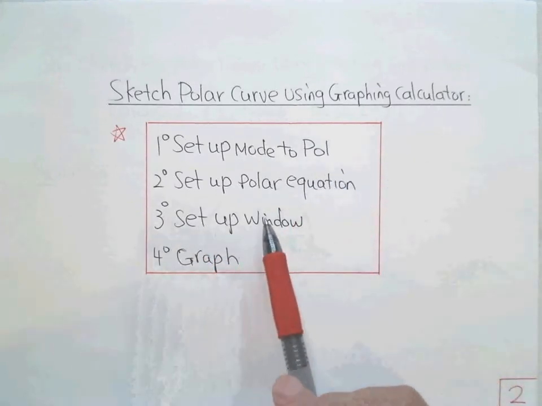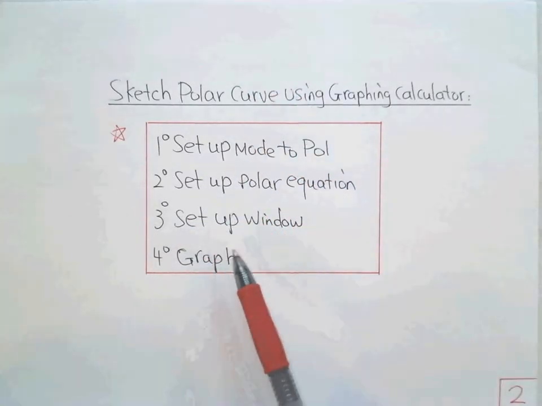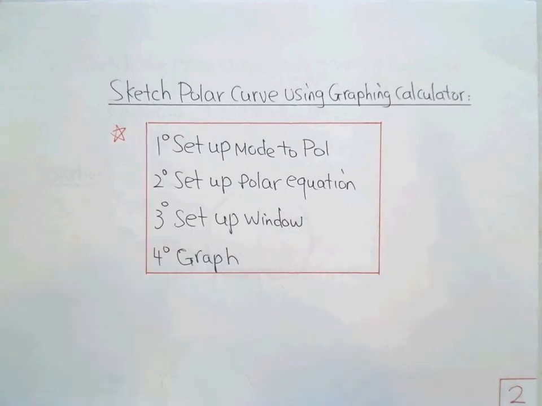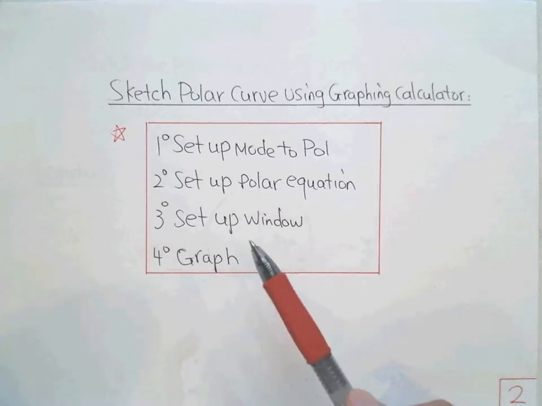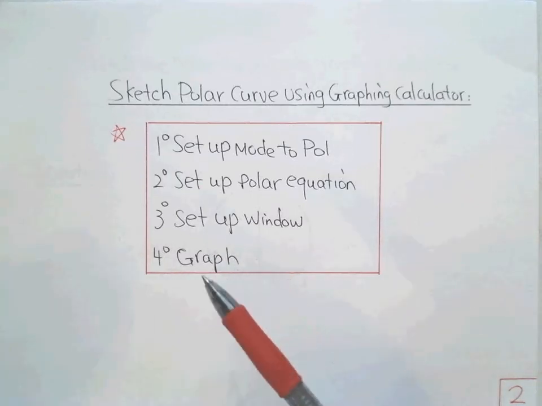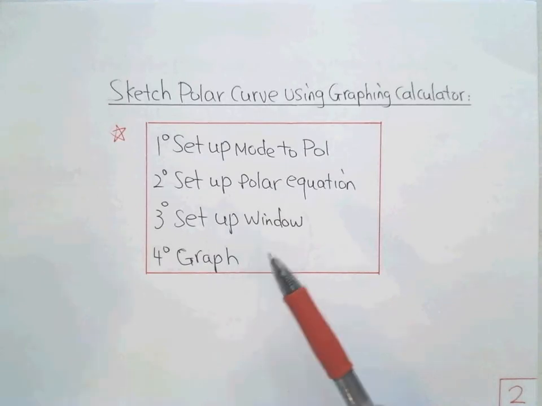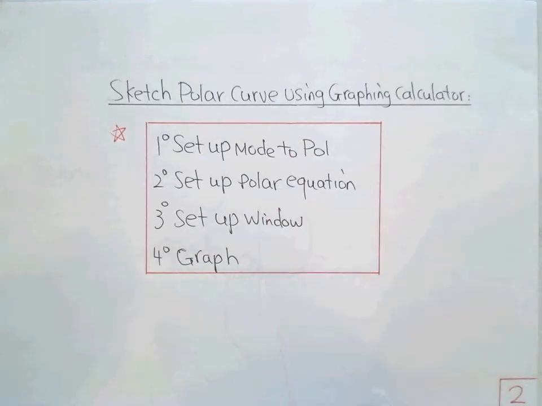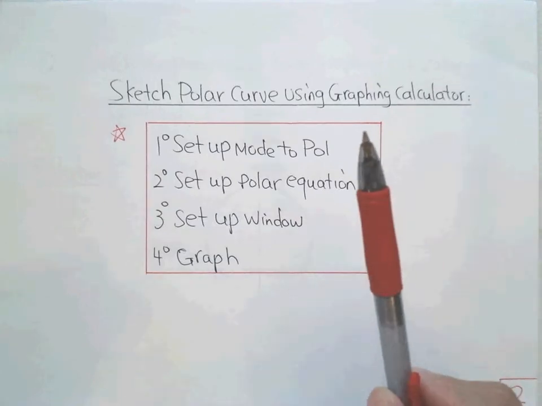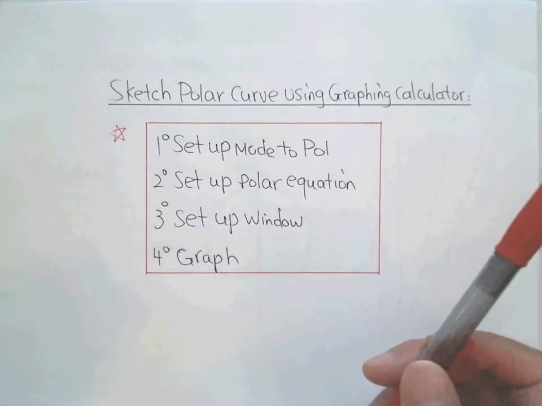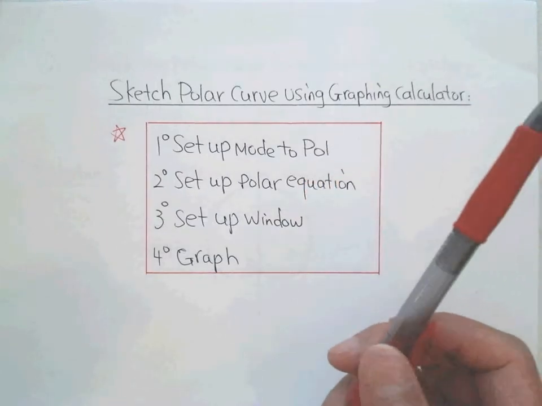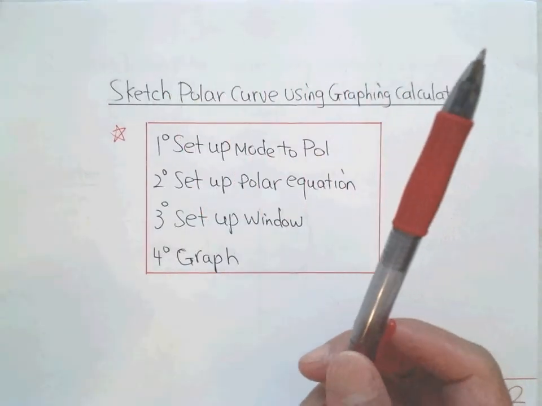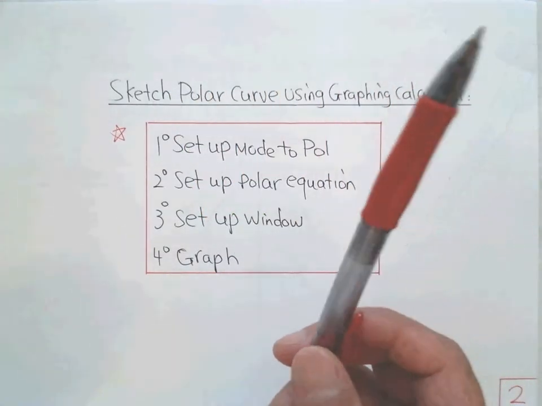Third, we set up the window so we can see the whole curve. And the last is graph. Compared to the parametric equation, we don't have the fifth step, which is to trace to find the direction. Usually for the polar curve, we don't need to trace the direction, because the direction is easy: it goes from the smaller angle to the bigger angle, counterclockwise.